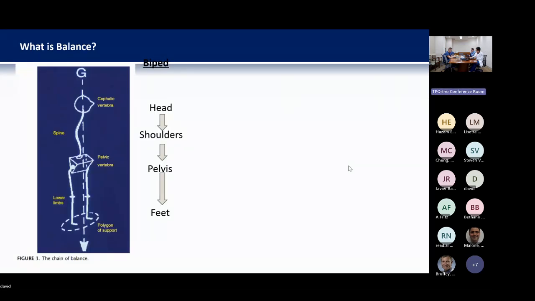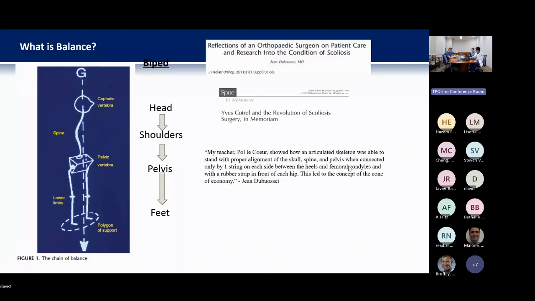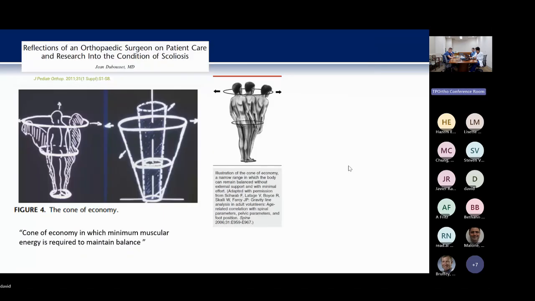We're all familiar with this cone of economy, which involves the head centering over the hips over the feet. And the concept is you have the highest efficiency of using your muscles when you're within this cone, and it requires more energy to maintain upright motion when you're out of this cone.